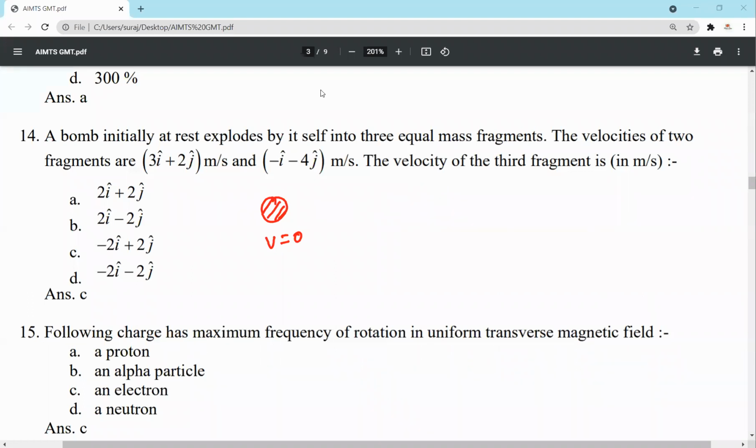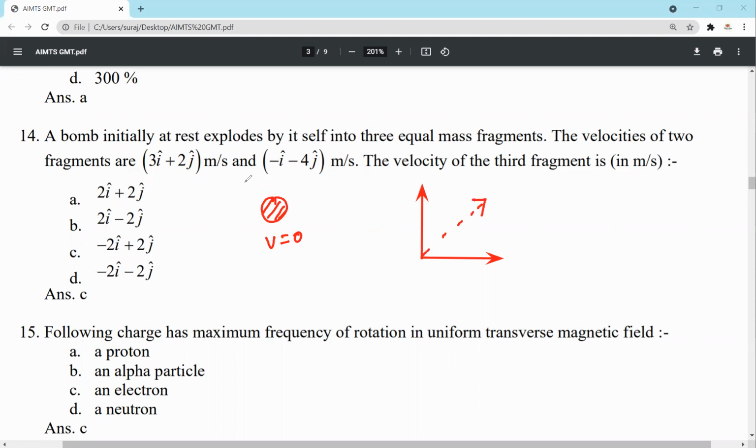Let us say this is the first momentum, and this is another one. Although these are not perpendicular, the concept is the same. Both the momenta are not perpendicular, but the same concept applies. So the resultant will be somewhere here.